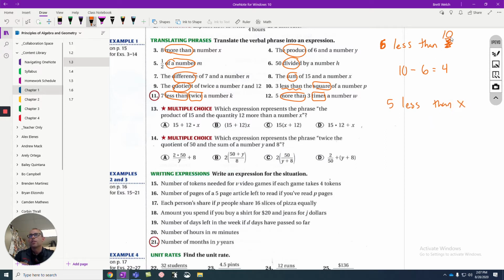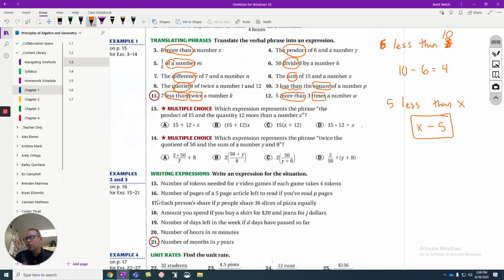Just like I had 10 take away the 6, here I'd have x take away the 5. Notice it's 5 less or taken from x. That's one of those things that's going to build up a lot, but we're trying to create these kinds of expressions from the language that's used above.